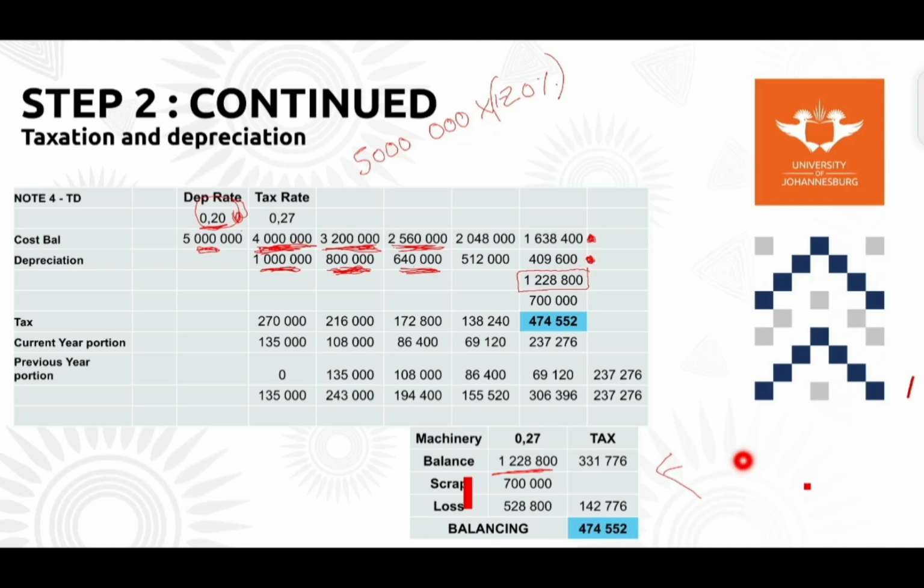And we were also told that there is 700 in terms of selling the machinery at the end, which would be a profit, right? So then you're going to do this. I'm going to draw your attention here, right? So you're going to take your 12228 million and you're going to minus it by 700,000 and you're going to get this value over here.